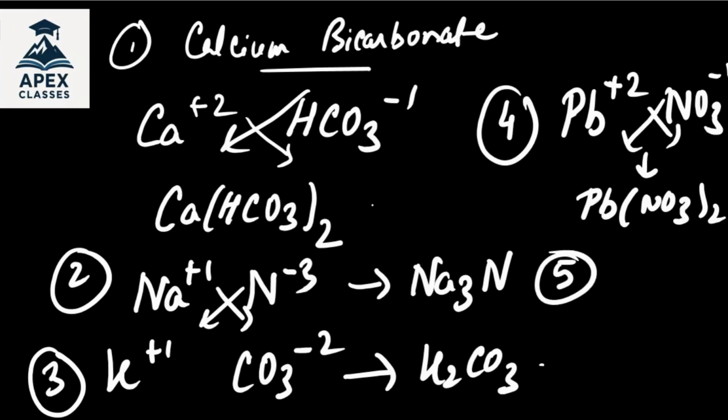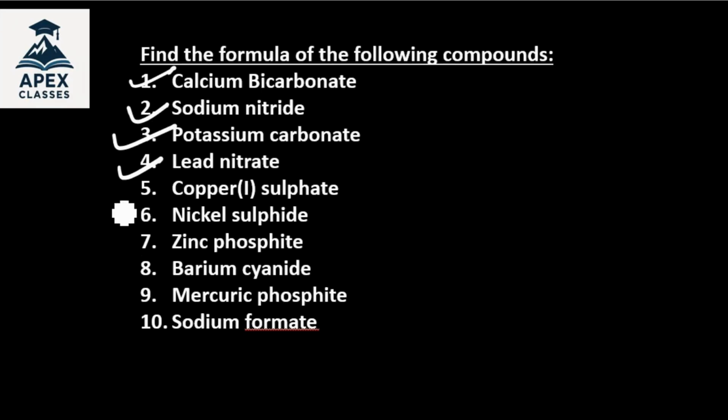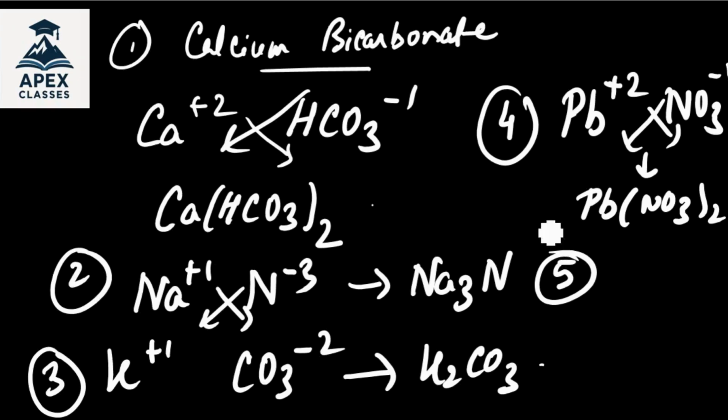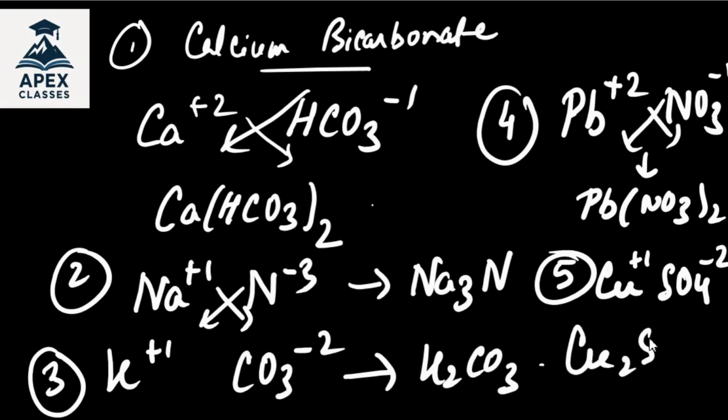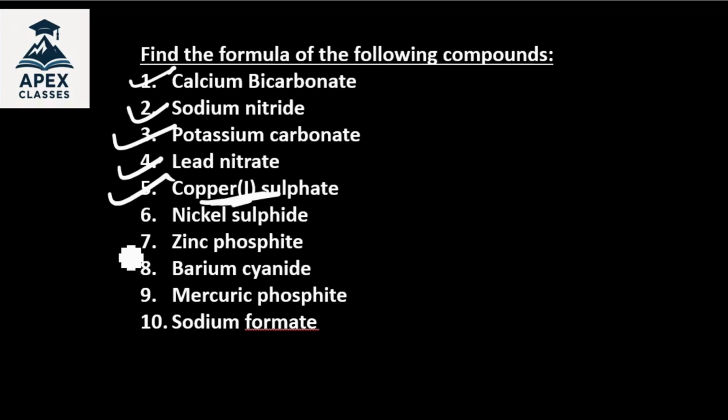Next one is copper 1 sulfate. Very important. Copper 1 sulfate is given, so Cu plus 1 state, sulfate is minus 2, so it will be Cu2SO4, cuprous sulfate.